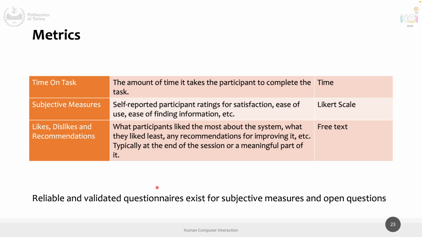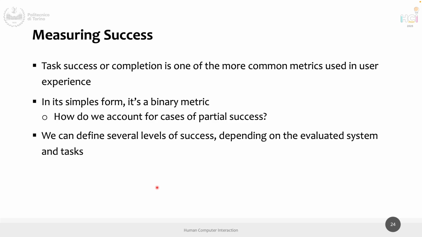So you can pick metrics from this table and use them according to your goal, according to what you want to observe, according to your specific task. In addition to these metrics, there are reliable and validated questionnaires for subjective measures and open questions that I'm going to introduce to you and that you can use if you want.